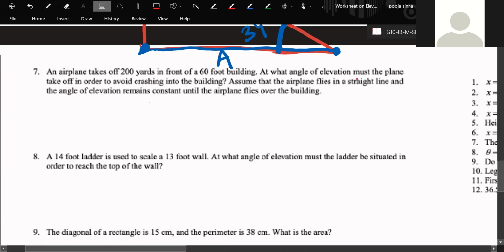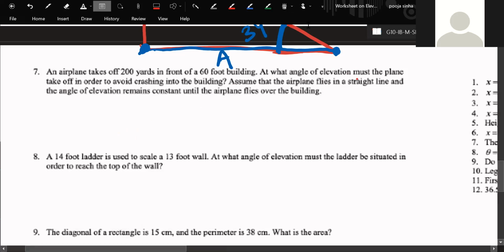Okay, no, I think you made it correct. I thought the building also has some height, but it's not so. What you made was correct for this one.